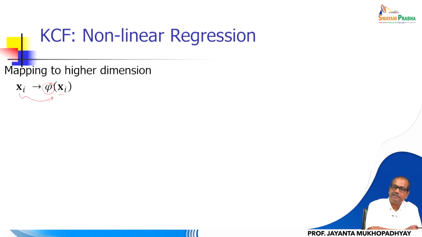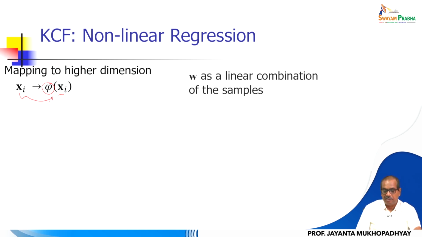So phi xi denotes that high dimensional space representation. But using the kernel trick, we really do not require explicit representation, because as we have seen earlier, we are simply computing dot products of different quantities. Even for these high dimensional vectors, what is required essentially is the dot products of the respective pairwise elements of those vectors.